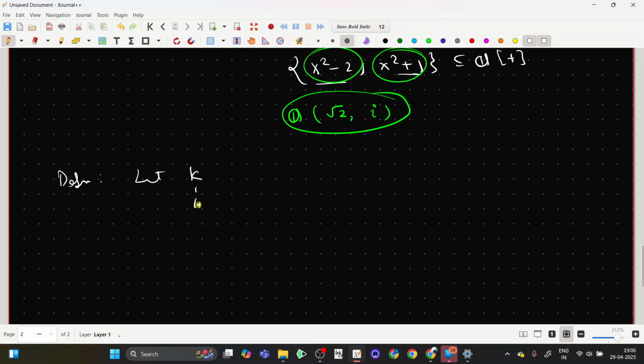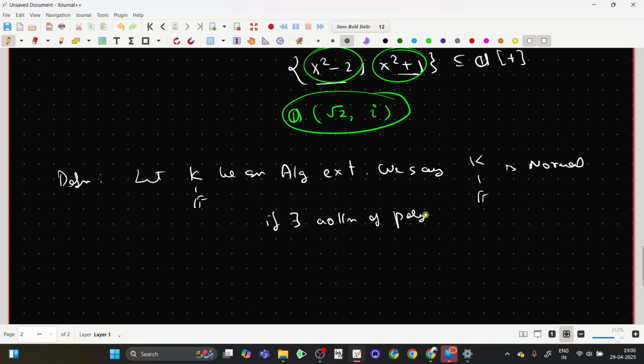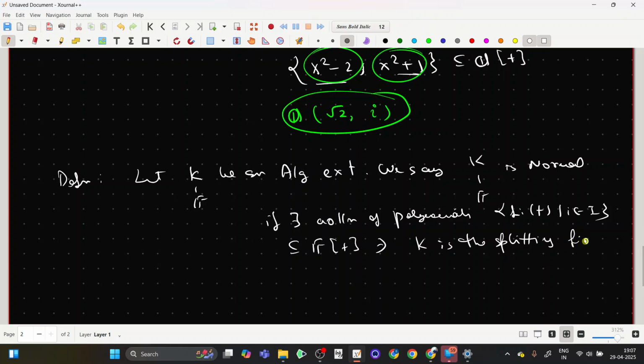Let K over F be an algebraic extension. We say that K over F is normal if there exists a collection of polynomials f_i, i in I, over F such that K is the splitting field of each f_i.